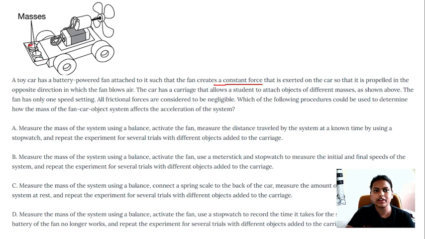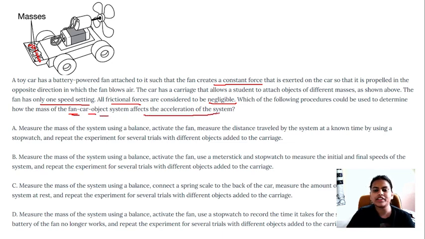So here you can change the mass, and the overall mass of the system would be changed by increasing or decreasing the masses. The fan has only one speed setting, so you can't change the fan speed. All the friction is negligible. Which of the following procedures can be used to determine how the mass of the fan, car, object system affects the acceleration of the system?